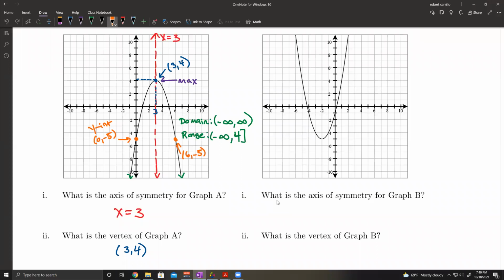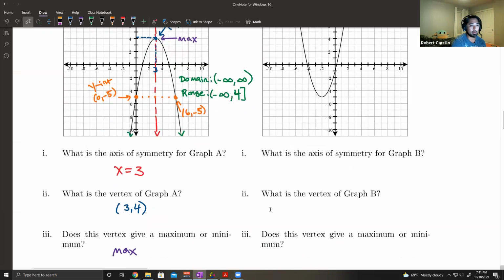They're symmetrical? Yeah. These points can be reflected across the axis of symmetry. That's what's great about the axis of symmetry: you can reflect points over it and they will be the same distance, or fancy word, equidistant from each other. So look at this. This is 1, 2, 3 spaces from the axis of symmetry. And this point is also 1, 2, 3 spaces from the axis of symmetry. So that's how those points are special or related.